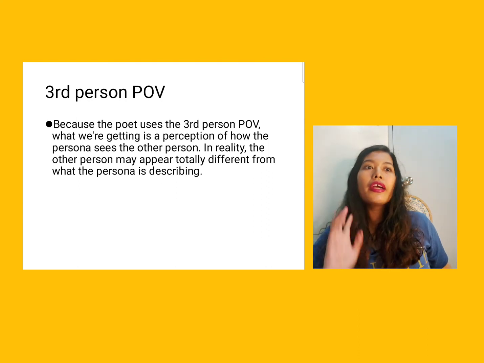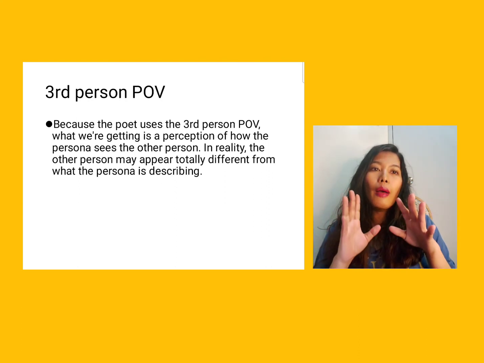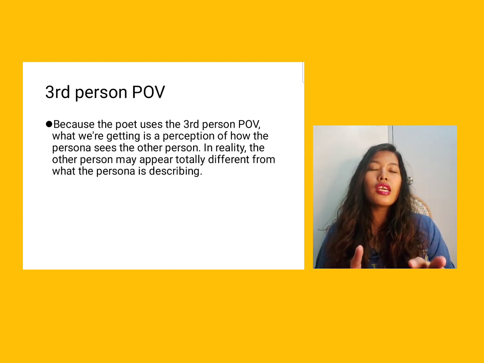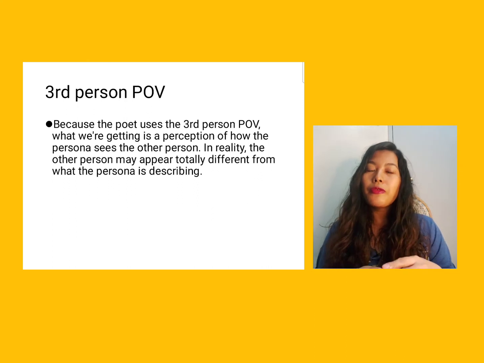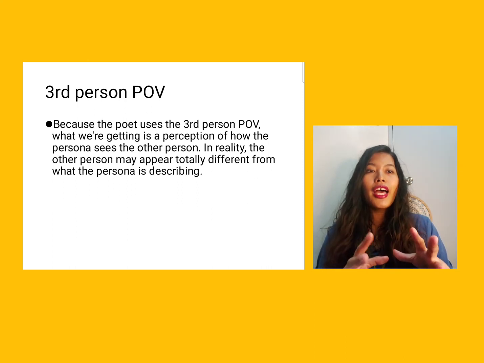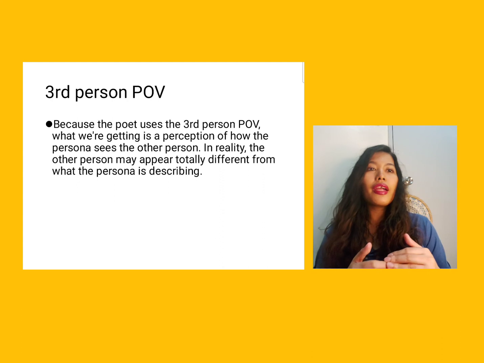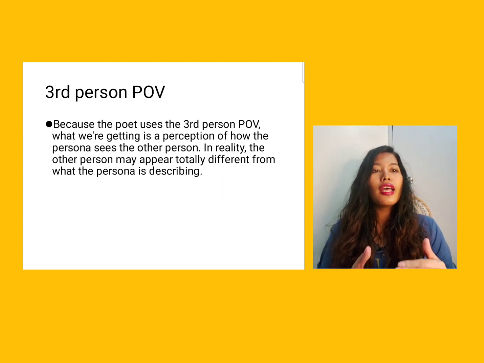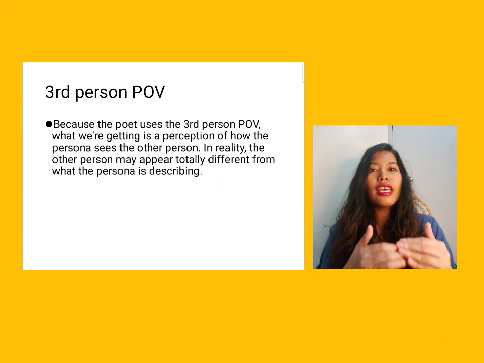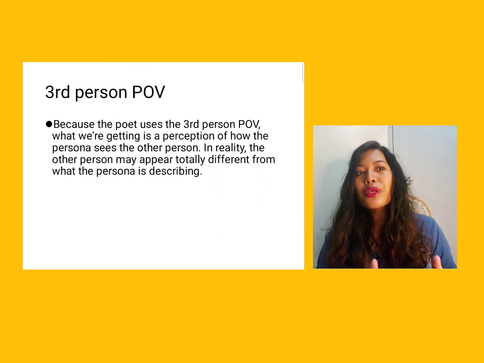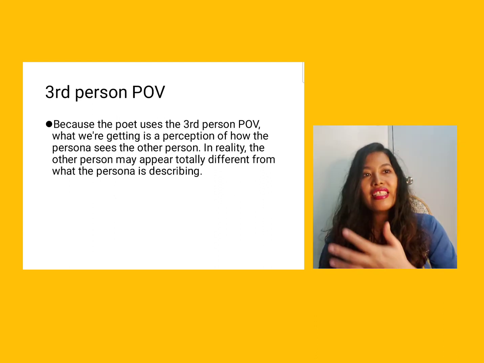You have to be aware that when a poet is using a third person point of view, the persona has a bias, right? The persona is explaining the experience from his or her lens.